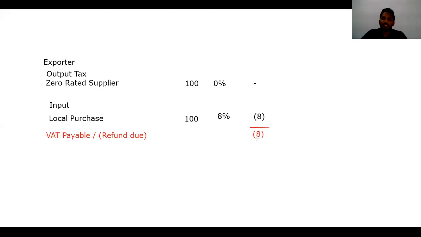To avoid this refund situation: if you declare any refund in the VAT return, then you have to collect the refund from IRD. It is a tedious process and very difficult.